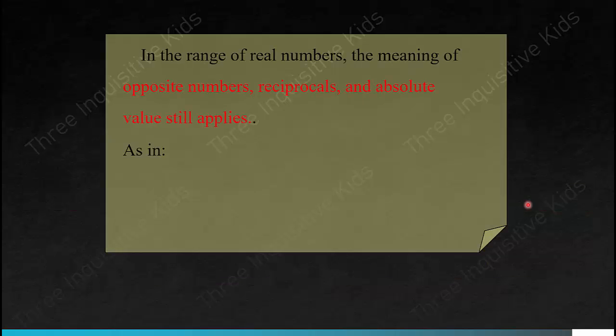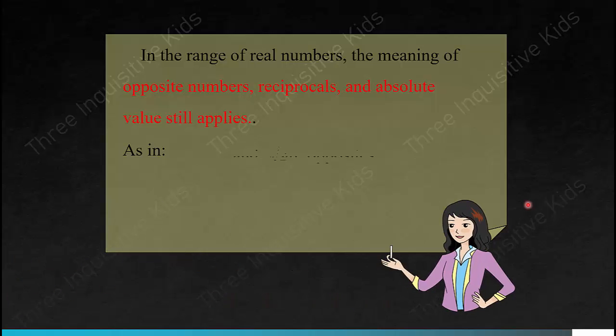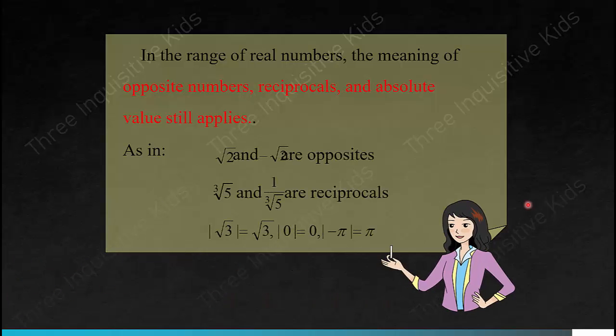So in the range of real numbers, the meaning of opposite numbers, reciprocals, and absolute values still applies. For example, square root of 2 and negative square root of 2 are still opposites. The cubic root of 5 and 1 over the cubic root of 5 are reciprocals. The absolute value of the square root of 3 is still the square root of 3.